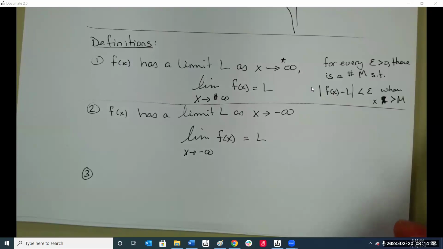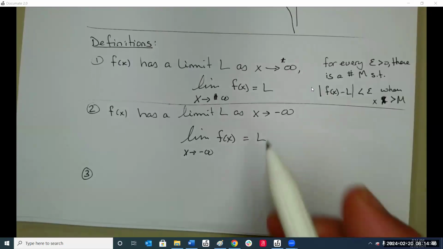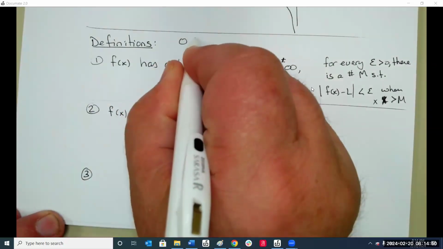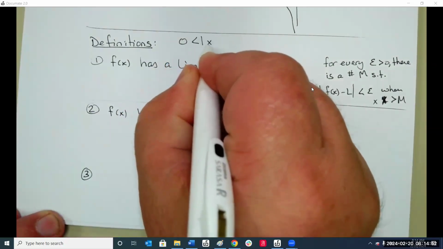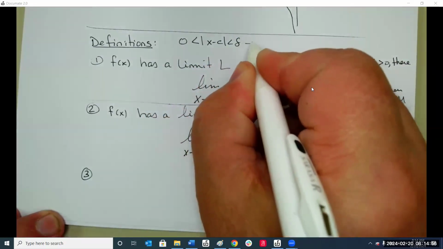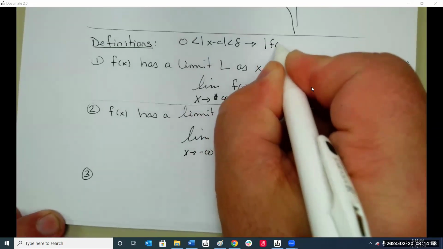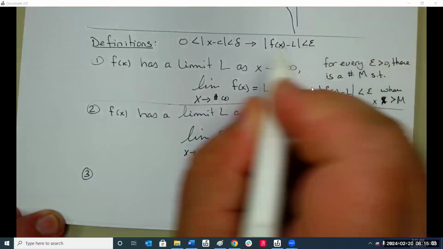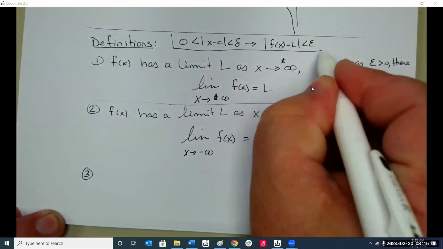Remember what the epsilon delta proof looked like? Let's see here. So we have this. This is the epsilon delta proof.